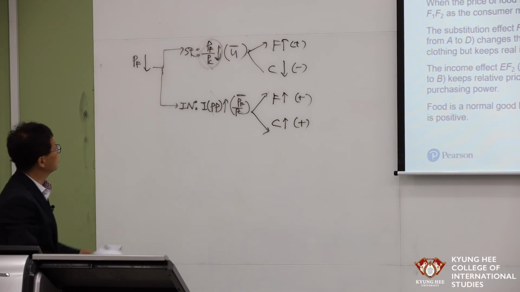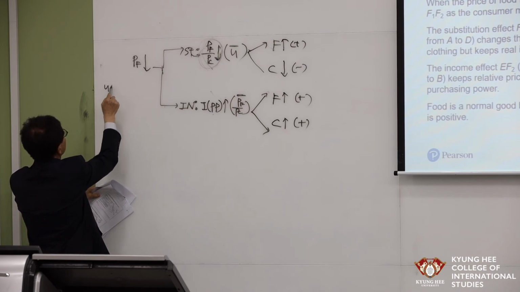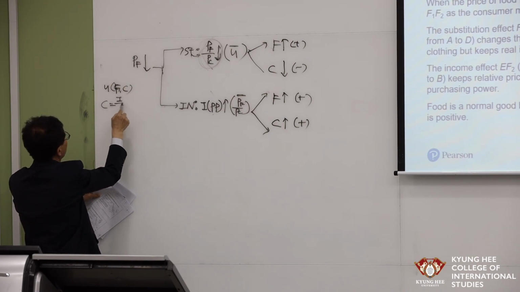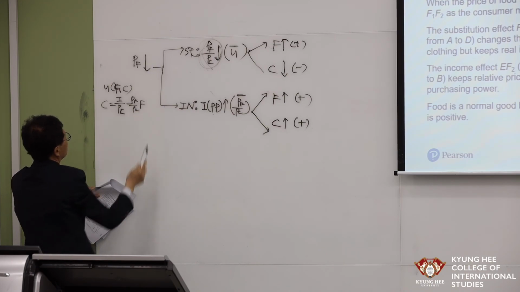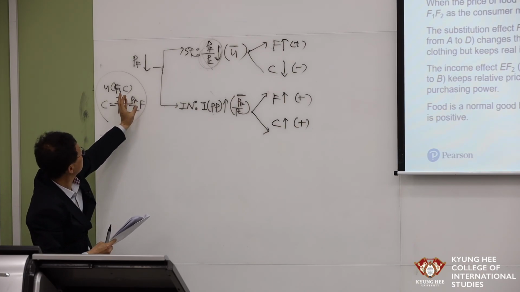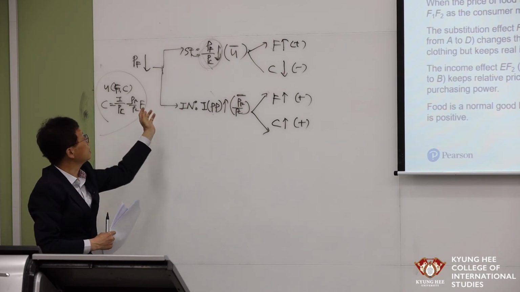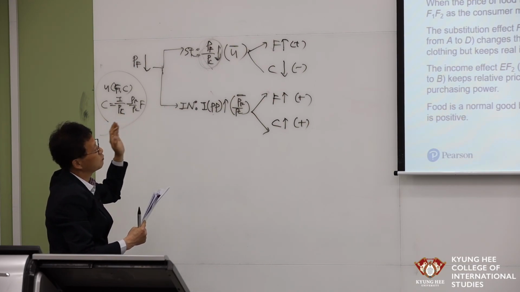Right? Anyway, we know that price of food decreases in the utility maximization problem. U(C, F), clothing and food, so the budget constraint is C = I/PC - (PF/PC)F. Right? Here, PF decreases. So the relative price changes, and the budget constraint rotates to the right like this. Then just focus on the effect on good one, the effect on food.